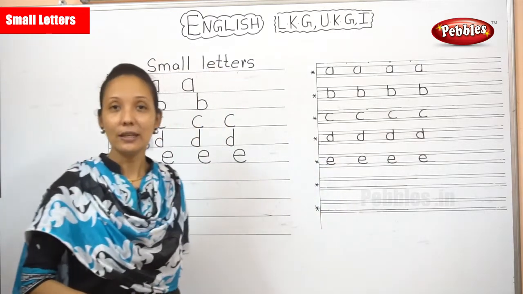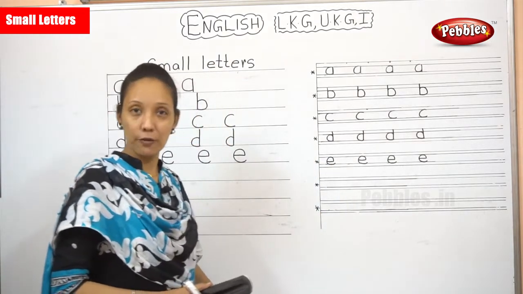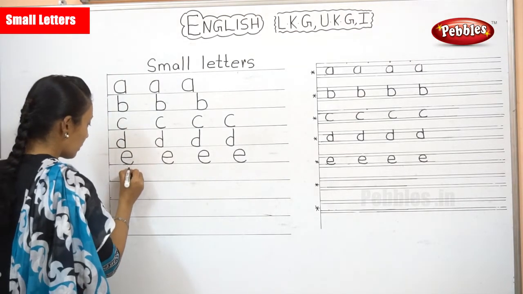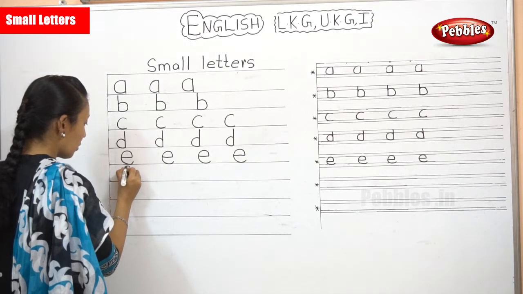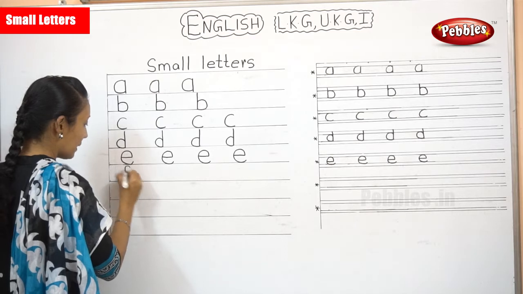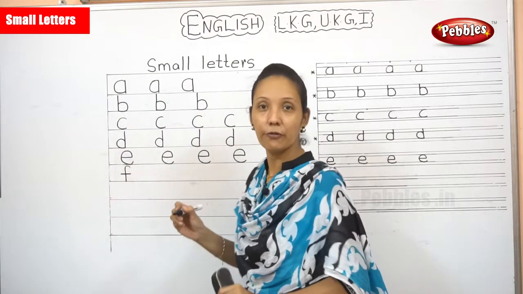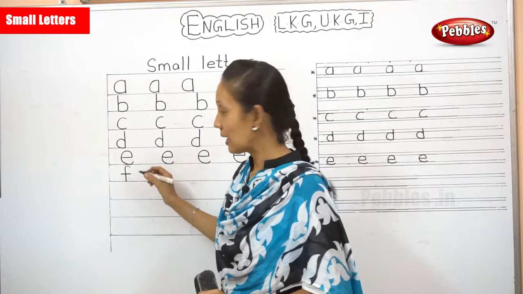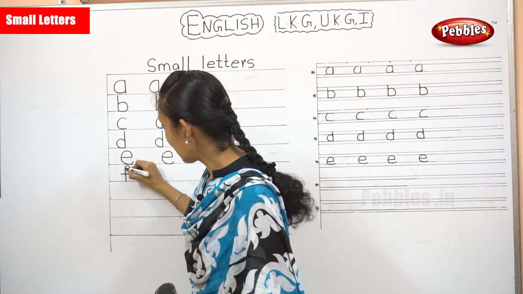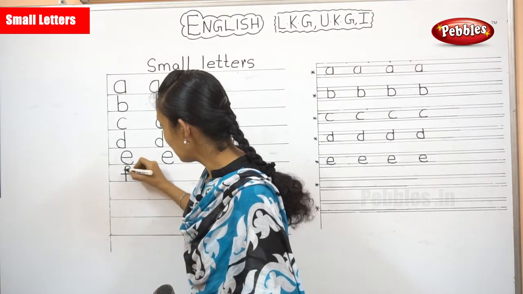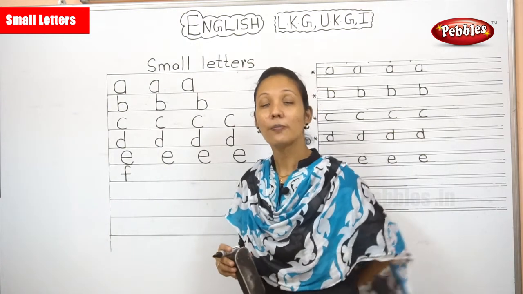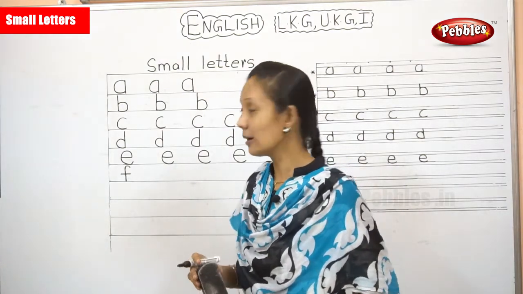Now, after E, your next alphabet is F. What's your next alphabet? F. You give a small curve over here and your standing line, and in the middle a sleeping line is your small f. This is called small f.